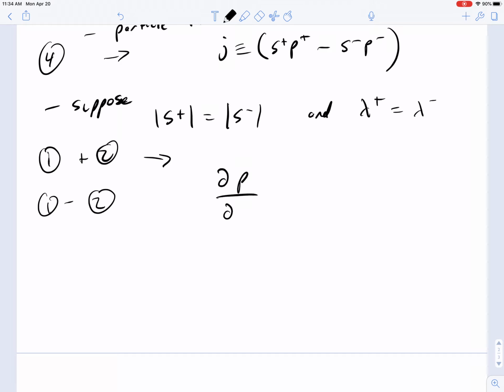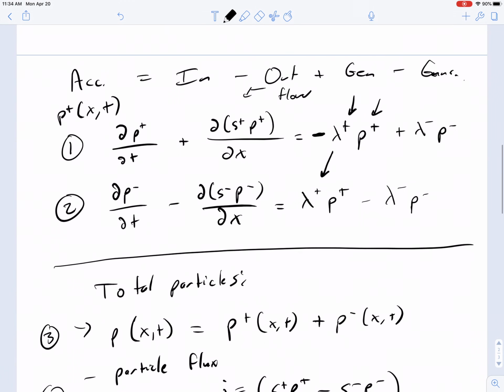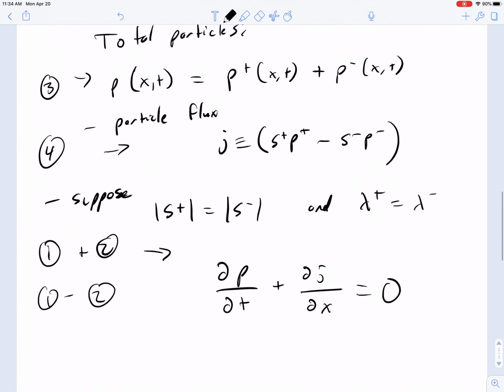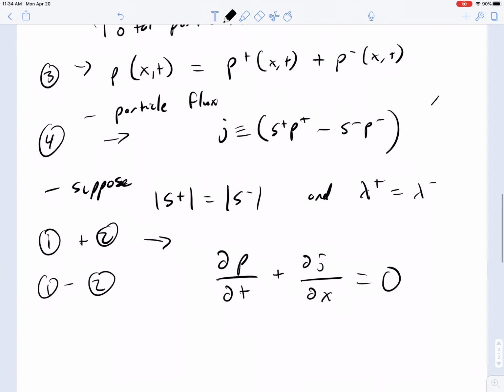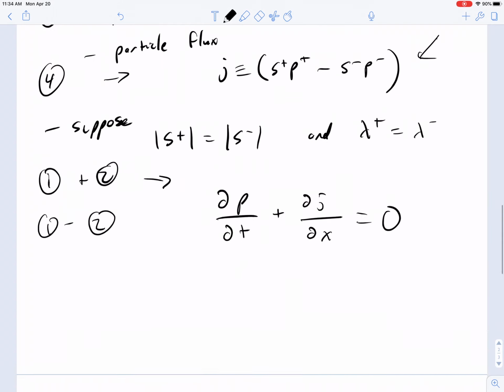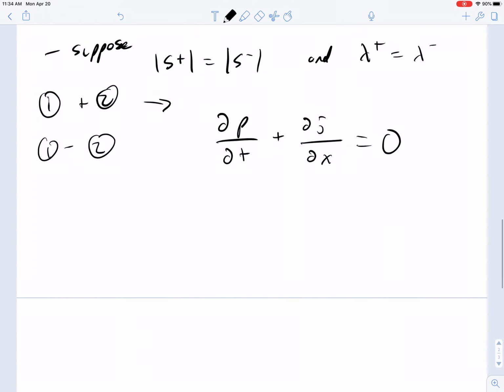This becomes partial particle density over partial time plus partial j partial x is equal to 0. If you look at these equations, you can see that if you sum them together, these terms will all go away, and we'll introduce exactly the derivative of the flux. Okay, that's a very useful derivation.